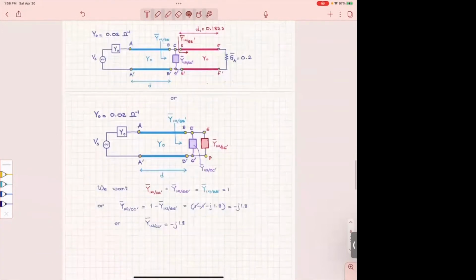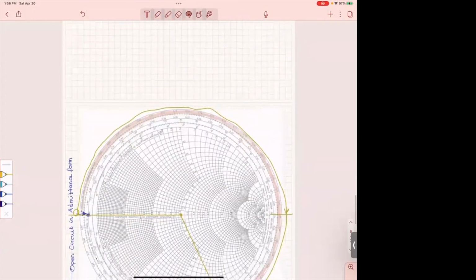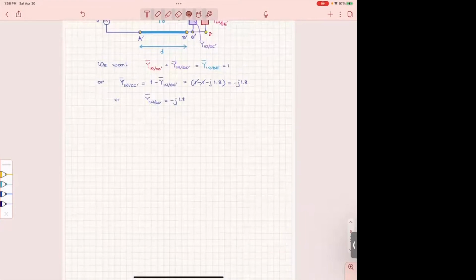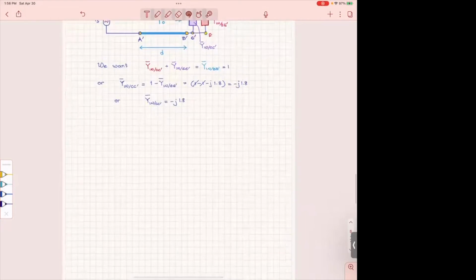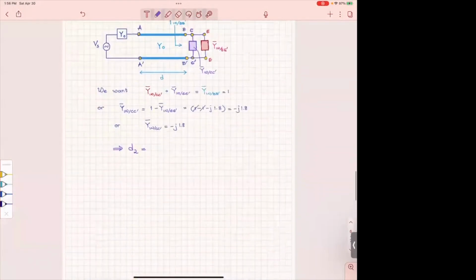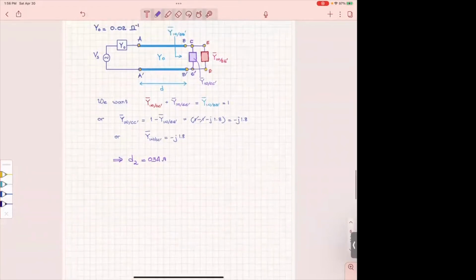So here we have concluded that D2 is 0.34 lambda, and we have already found D1.